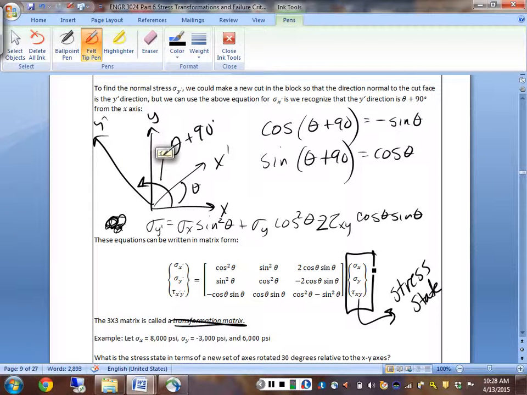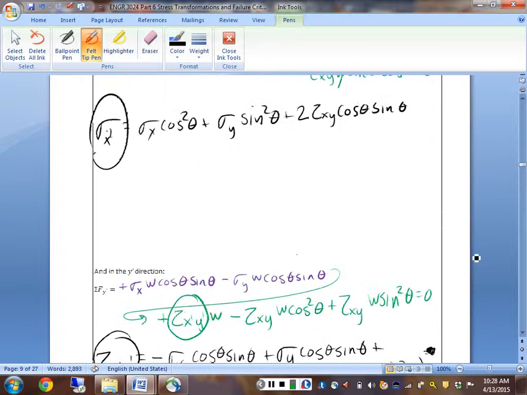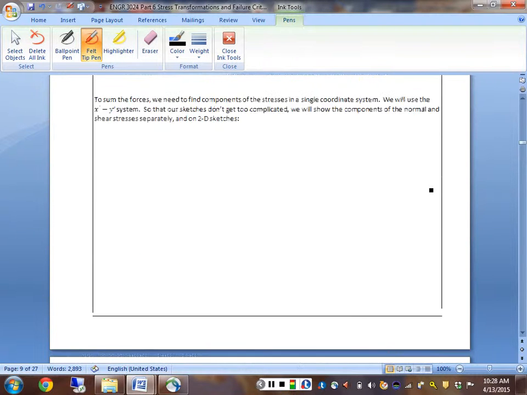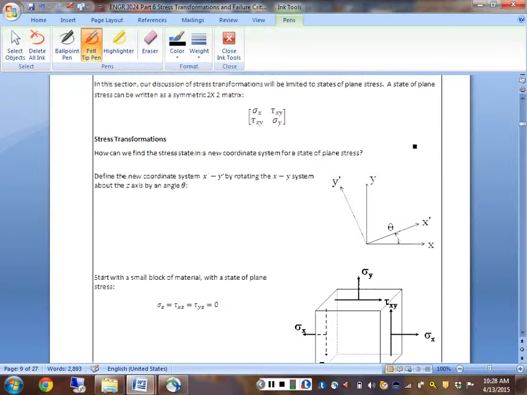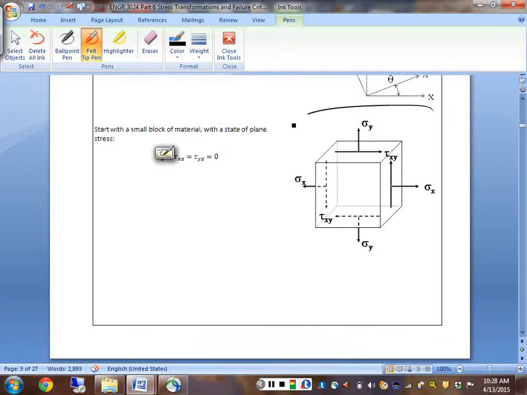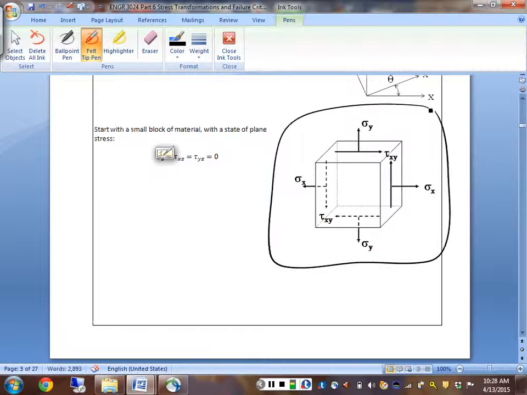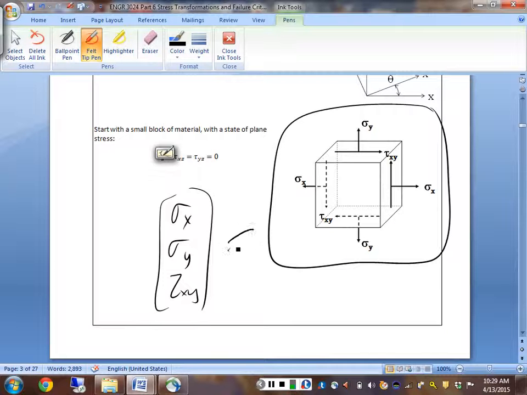This collection of sigma x, sigma y: a normal stress in your x direction, a normal stress in the y direction, and the shear stress. If I scroll back up, that's this picture. That is your stress state. Written in vector form, that is sigma x, sigma y, tau xy.